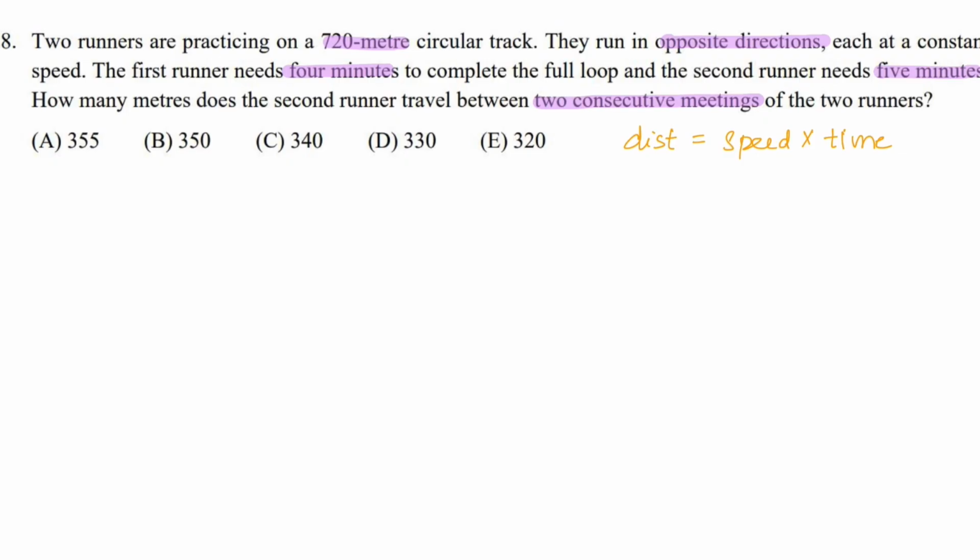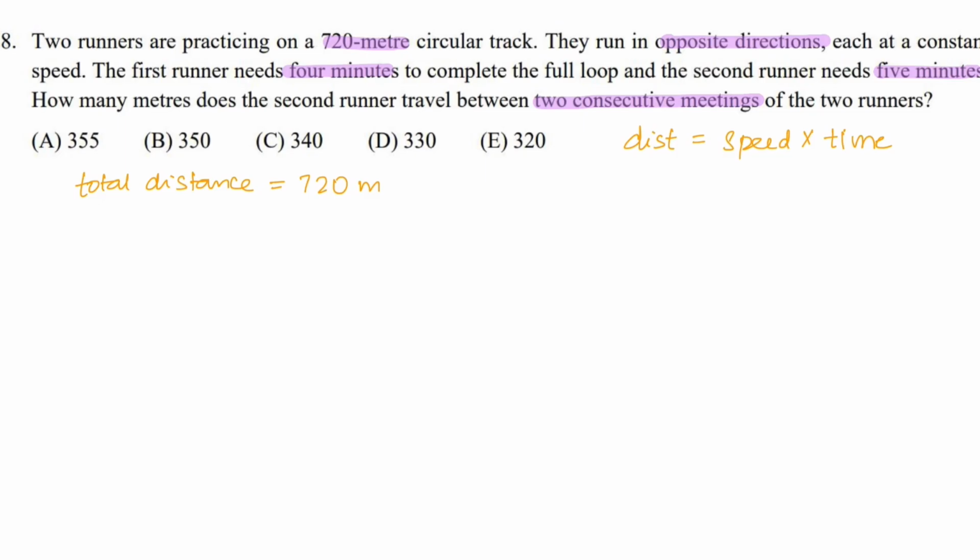Okay, so we know that the total distance is 720 meters, right? And m is for meters. They run in opposite direction at a constant speed, but we don't know what that speed is. We do know that the first runner is taking 4 minutes.